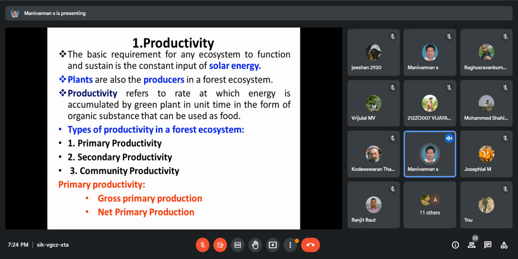The sun gives the energy, called heat energy or solar energy or radiation energy, it's a different name. The heat energy or solar energy or the radiation energy is converted into the chemical energy. This is the first level.